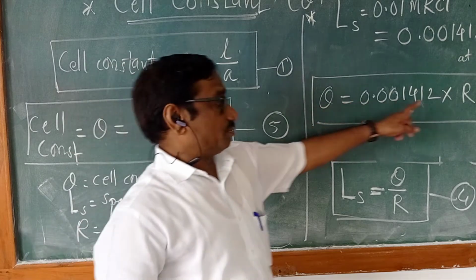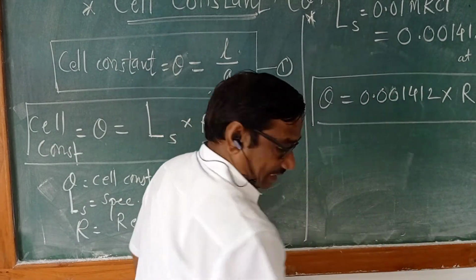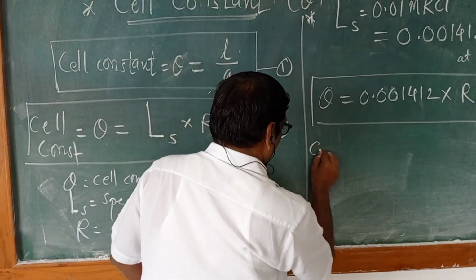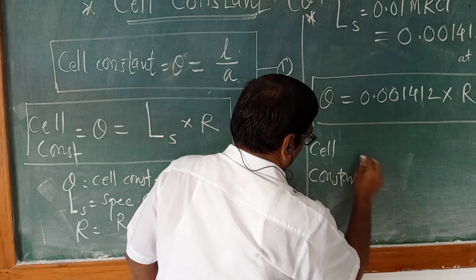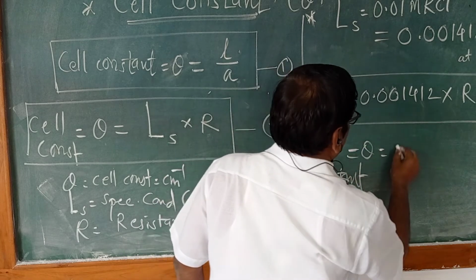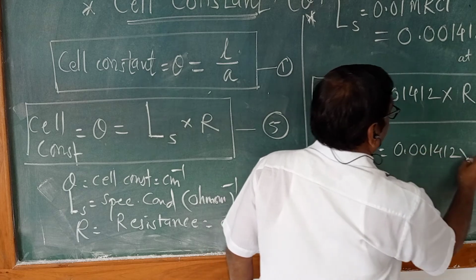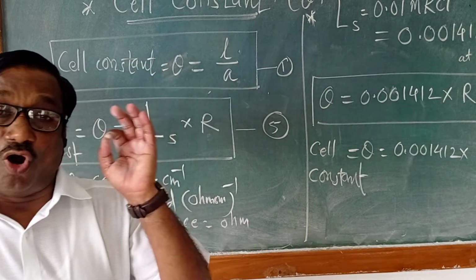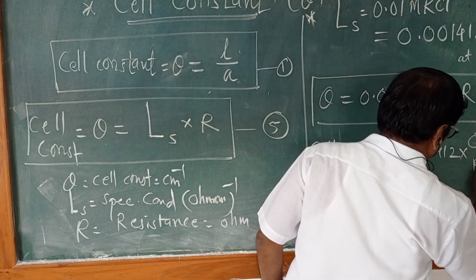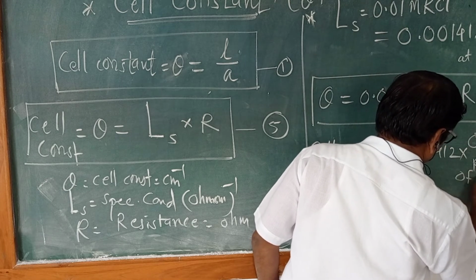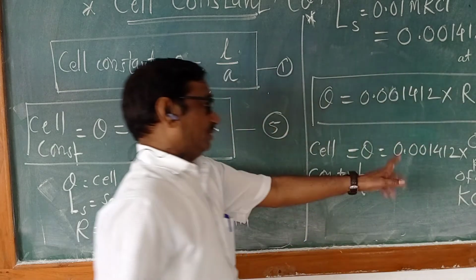You can write here: cell constant theta is equal to 0.001412 into the observed resistance of the 0.01 molar KCl solution.